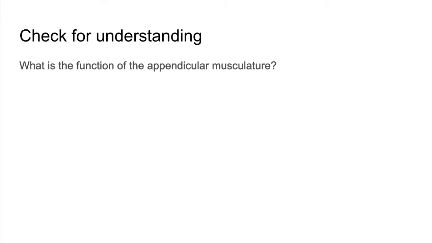All right, so what is the function of the appendicular musculature? I'll give you a few minutes to think about how you would answer that question. I would encourage you to write it down or type it. If you are watching with someone at home or watching on a watch party with other classmates online, try to take a minute and ask each other to explain each other's answer.